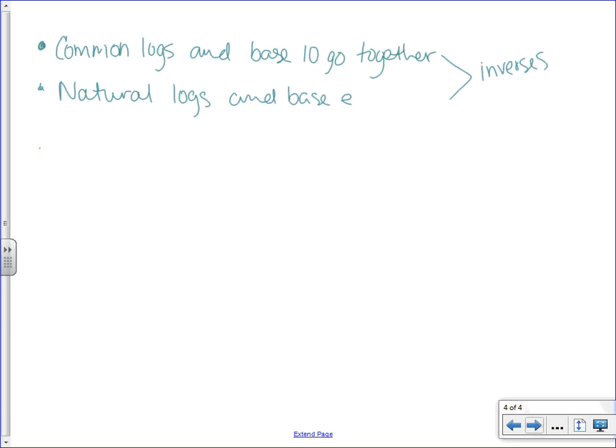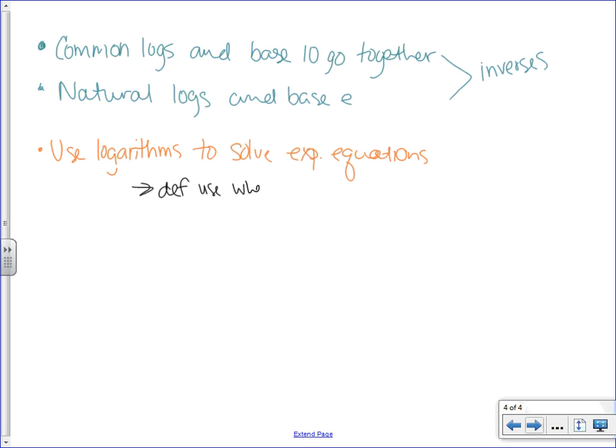We also have that now we can use logarithms to solve exponential equations. Specifically, we want to use them when we cannot get our exponential equations to have the same base.